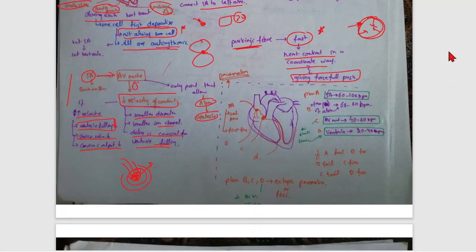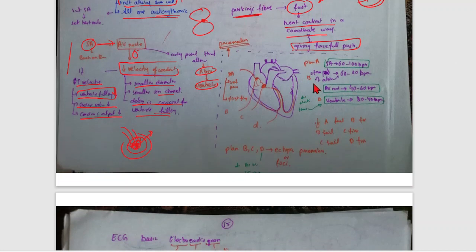Now, this is the SA node. It is actually the pacemaker and it fires first. If the SA node doesn't work well, what is the second option? SA node is plan A, beating at 60 to 100 beats per minute.